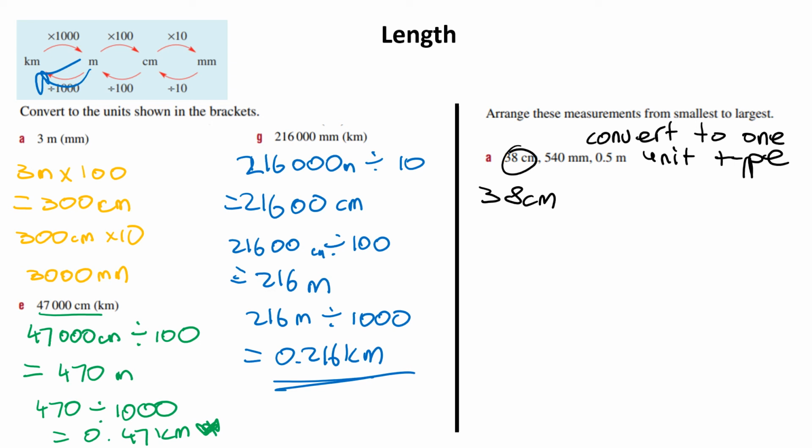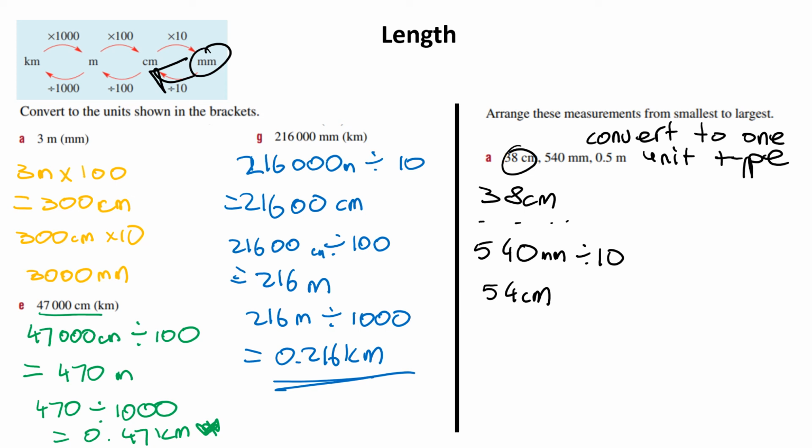So 540 millimeters. So I'm going 540 millimeters, and I want to go that direction. 540 millimeters, and in this case I need to divide by 10. Divide by 10 would give me 54 centimeters. So far I've got 2 of them, and if I go for the third one, 0.5 meters.